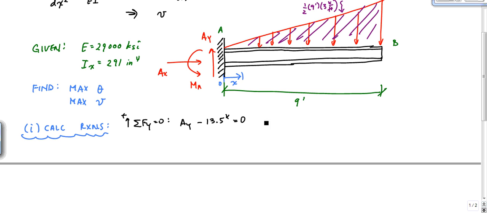And that tells me that AY is equal to 13.5 kips, and my positive result indicates that my sense or my direction is correct.